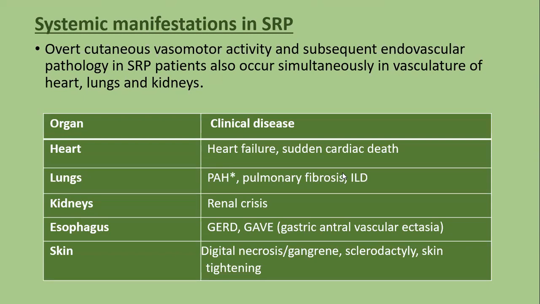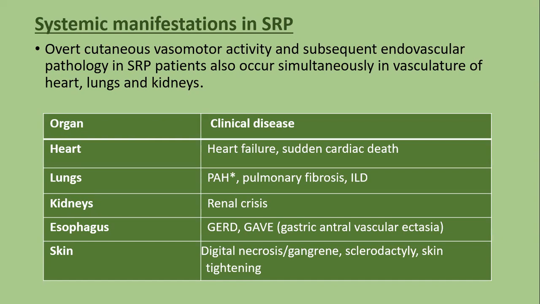The systemic manifestations in secondary Raynaud's phenomenon. I mentioned before that there are no systemic manifestations in primary Raynaud's phenomenon. In secondary Raynaud's patients there is overt cutaneous vasomotor activity and subsequent endovascular pathology, which also occurs simultaneously in the vasculature of the heart, lungs, and kidney.